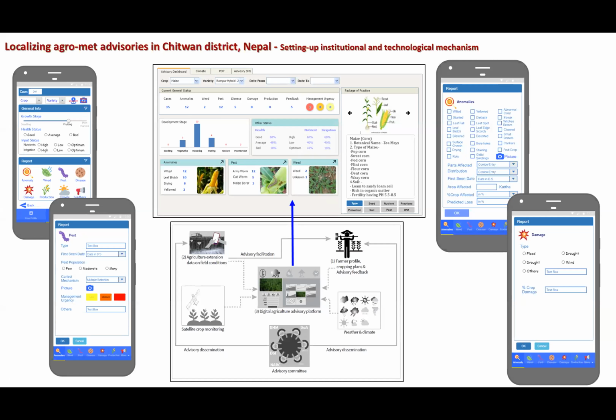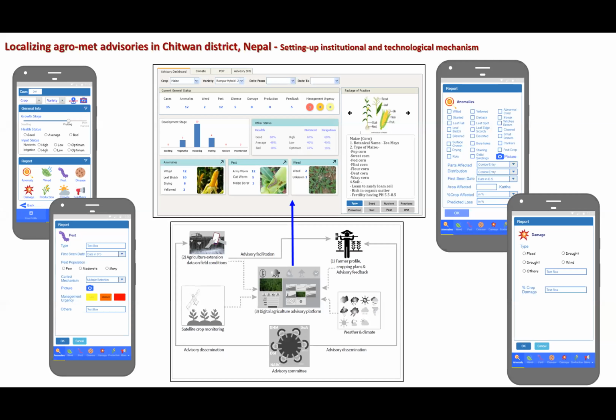We are developing mobile apps which are planned to be used by agriculture extension staff so that they can communicate the agronomic conditions. And then we are putting dashboards and earth observation based data monitoring system to provide climate related information. And then we are also ingesting those package of practices within those advisory systems.